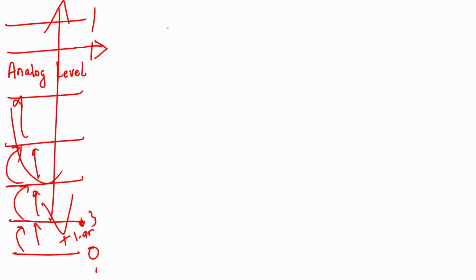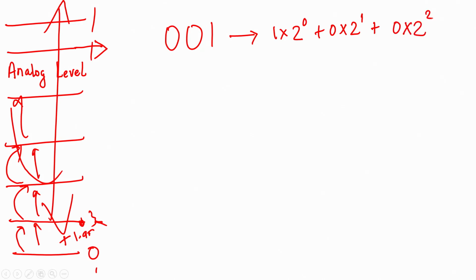Okay. So, let us say we take 0 0 1, that is your second level that we know, because 0 0 0 is your first level. Now, we are doing 1 into 2 raised to 0 plus 0 into 2 raised to 1 plus 0 into 2 raised to 2, correct.